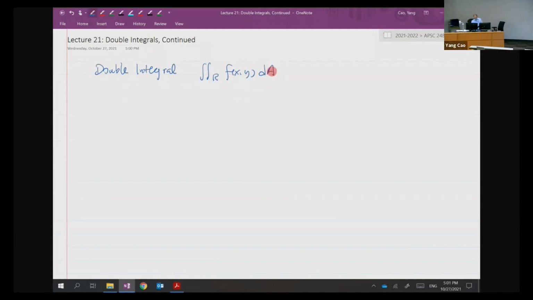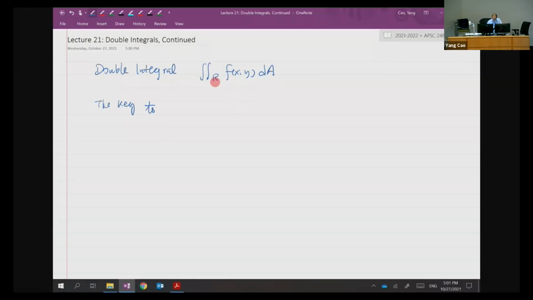To calculate the double integral means you are going to integrate a certain function over a given region R. The key is that to integrate over something, you have to scan through this region. For a single integral, you scan through the given range a to b.